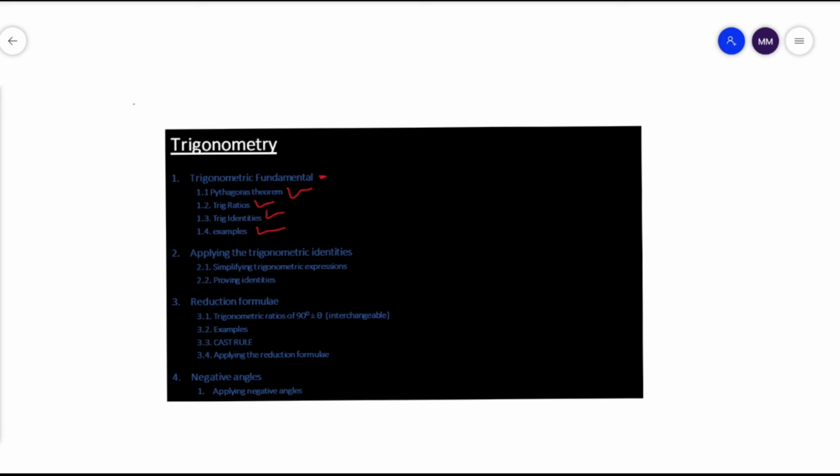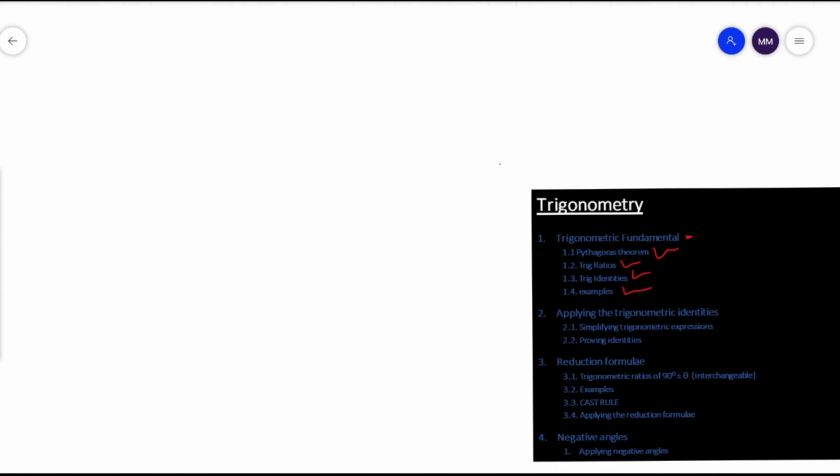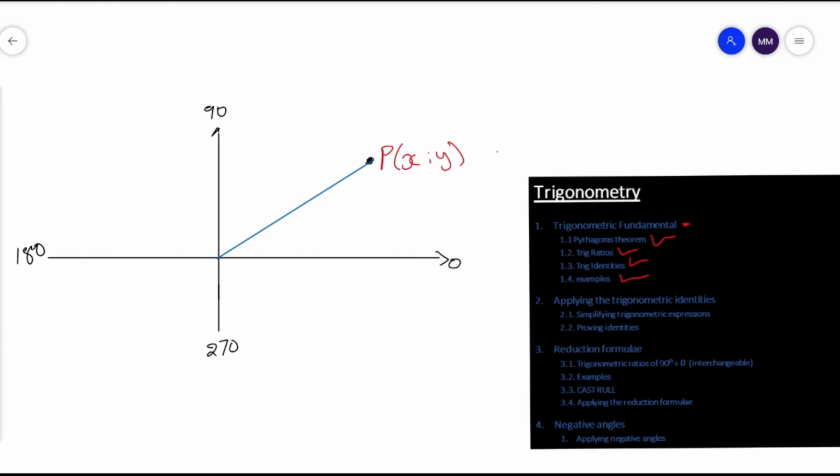All right. So let's get into it. Imagine you have a Cartesian plane, and in this Cartesian plane, we have 0, 90, 180, 270. On this plane, suppose there's a point here. Let's call this point P, and it has coordinates X and Y. This point P is inclining at angle theta from the axis 0.